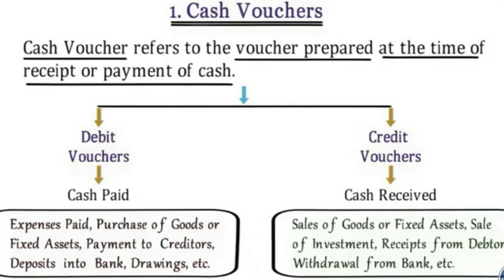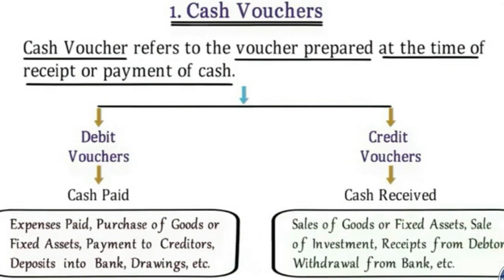When you sell fixed assets, you receive cash. When you sell investment, you receive cash. When debtors give you payment, you also receive cash. When you withdraw money from the bank, you also receive cash. So when cash is received, a credit voucher is prepared.